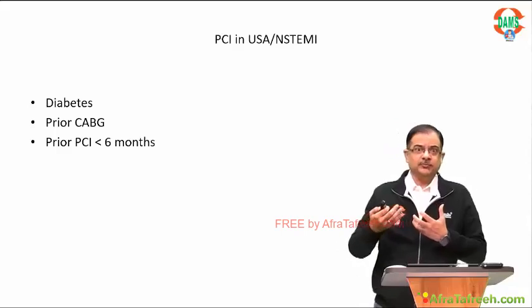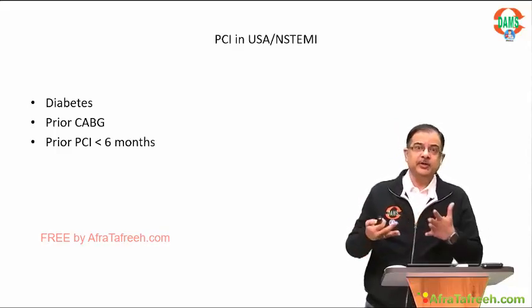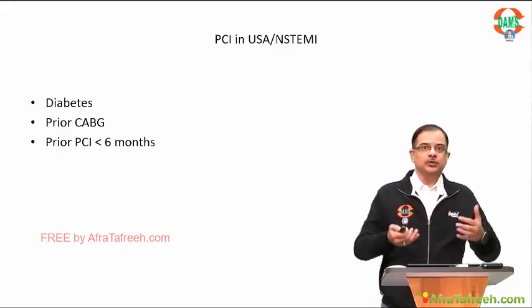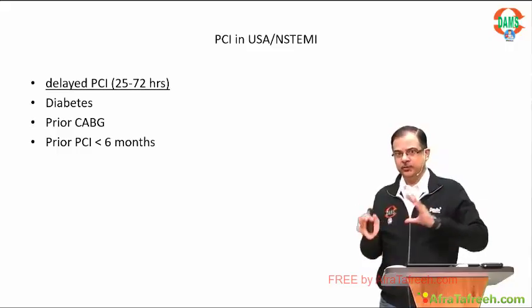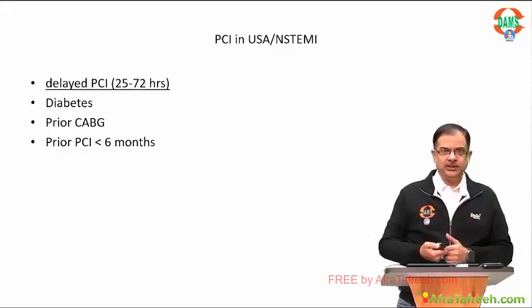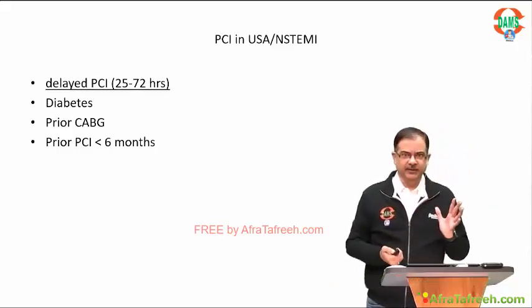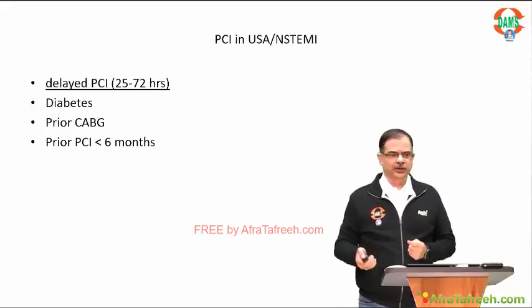What is the status of the graft? What is the status of the stent? So before discharge, we will do delayed PCI. The delayed PCI is done at 24 to 72 hours. We conservatively manage the patient, and after 2-3 days, when we are discharging the patient, we check angiography just to see the coronary anatomy. So this is the indication of delayed PCI.